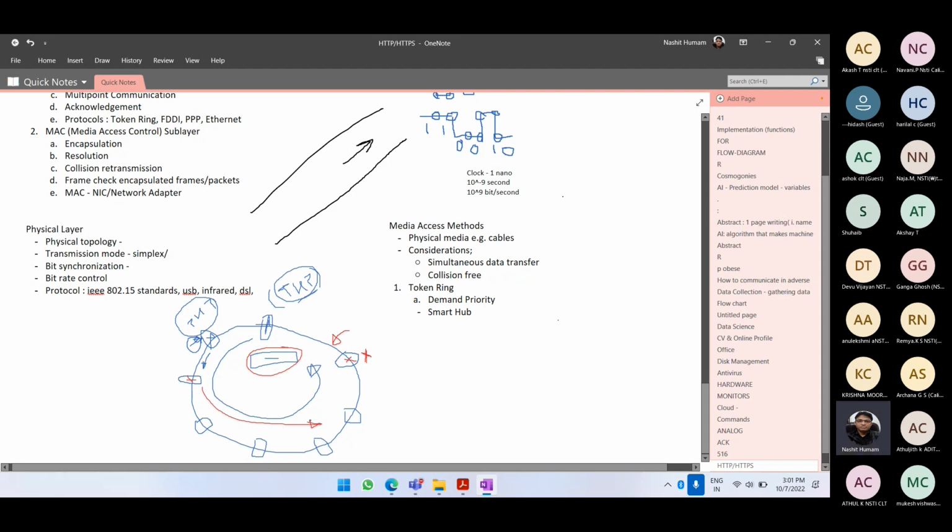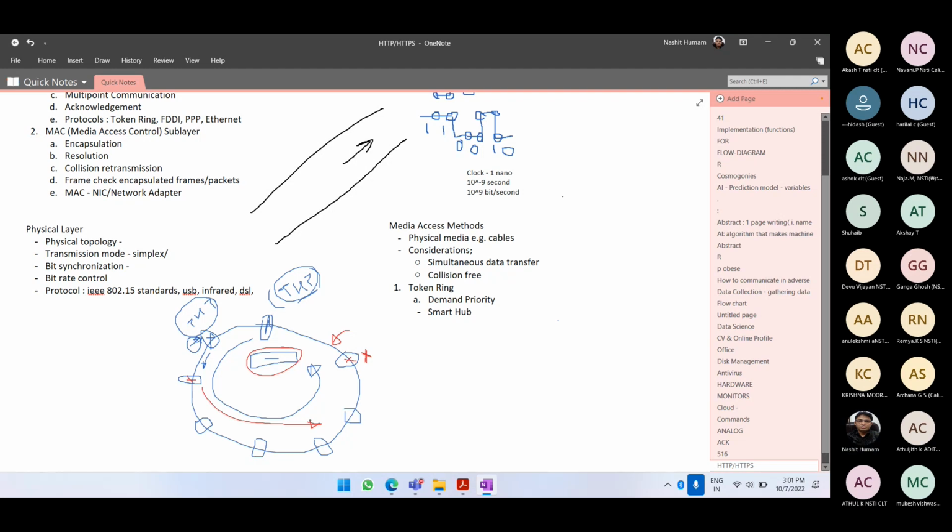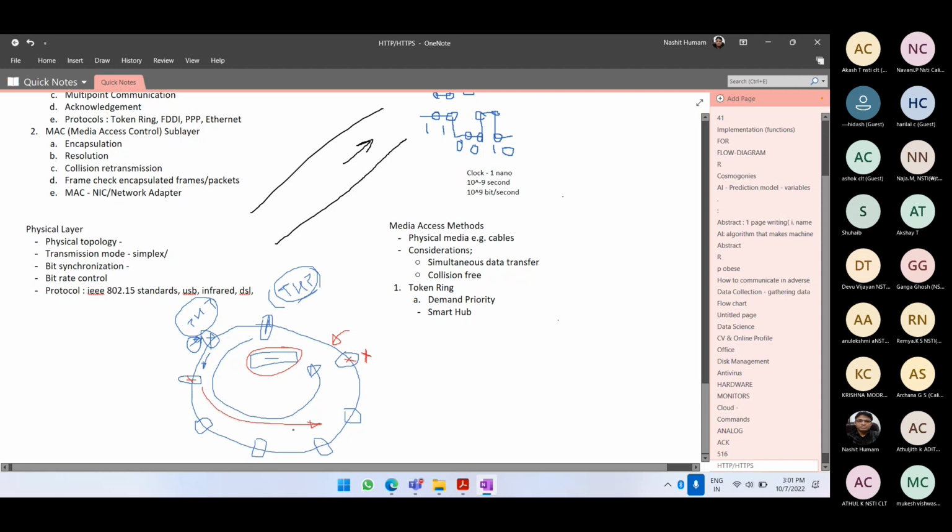I hope that was clear for most of you. I hope you understood the concept of this token.